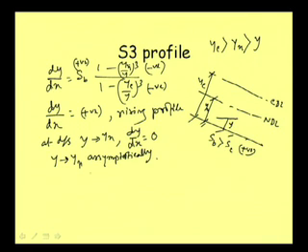So, this statement indicates that the profile will be coming like this, and it will be meeting the normal depth line like that. It is asymptotically, not normally. It is coming like this, and it is coming in the upstream direction like that.